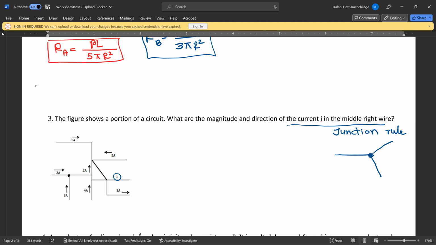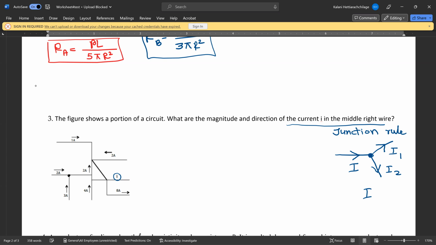So now, the junction rule says any current coming to the junction, we'll say it is current in, should be equal to the current going out. So we'll say this is also current going out, let's say I1, and this is also current going out. So the junction rule says current in equals current out.